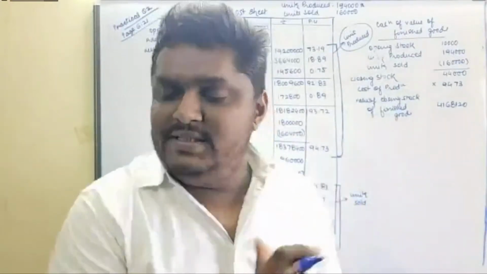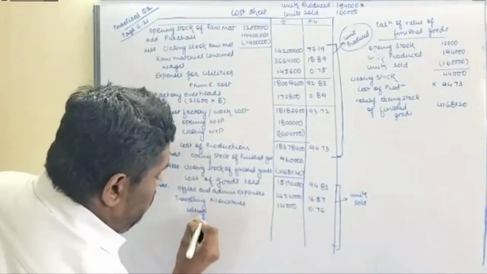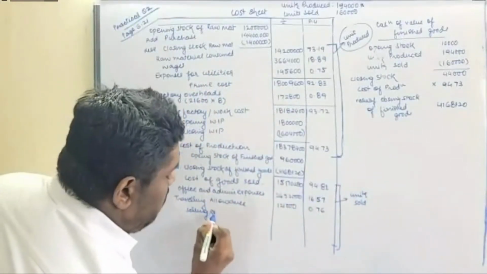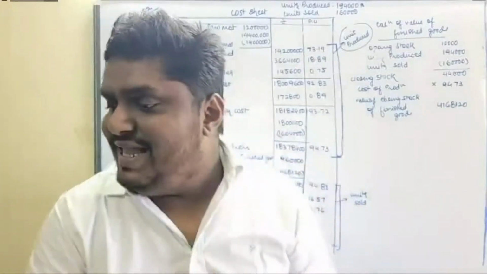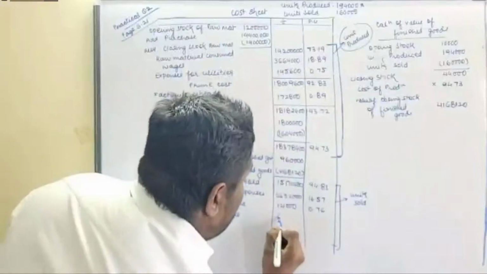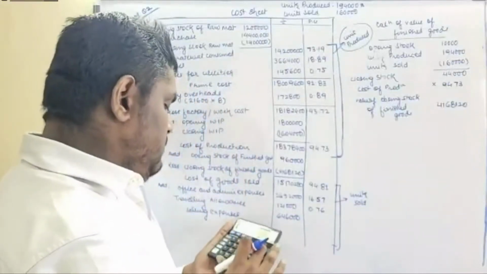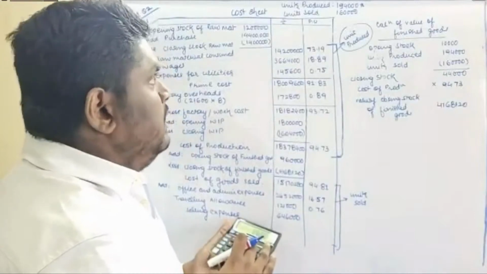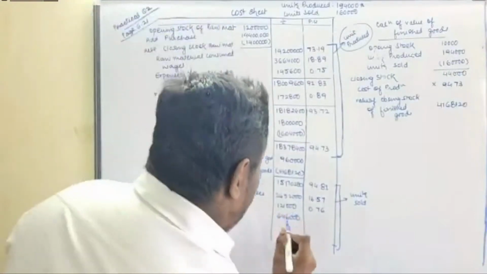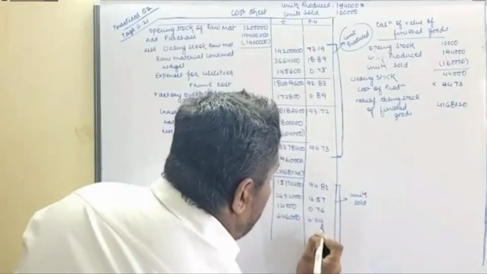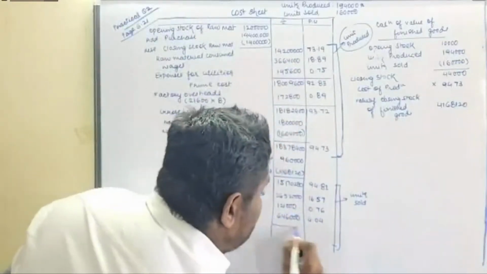Next is selling expenses, that is 6,46,000 divided by 1,60,000 units. So this will be 4.04. So this is how we can easily calculate the cost of sales.